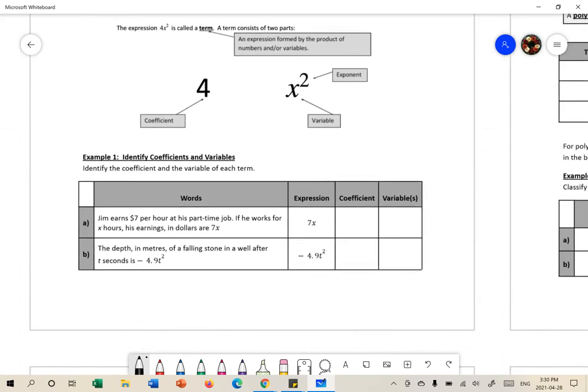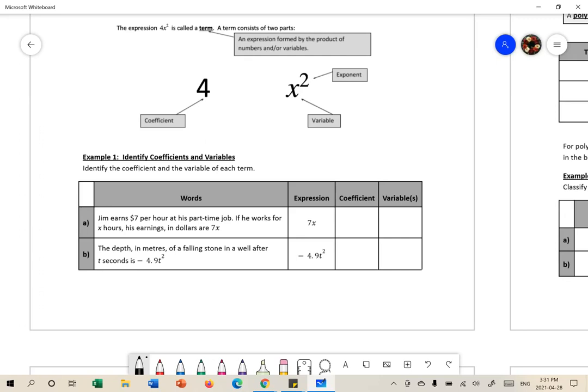In example 1, it's asking us to identify the coefficient and the variable of each term. So we have the term expressed to us in words and then algebraically. In words, part A says, Jim earns $7 per hour at his part-time job.